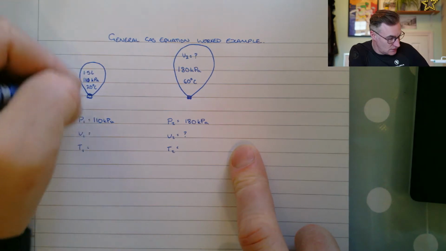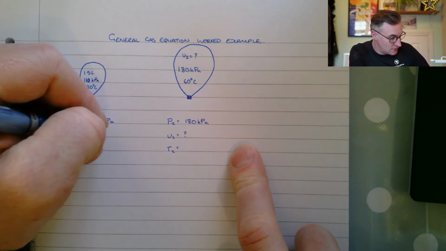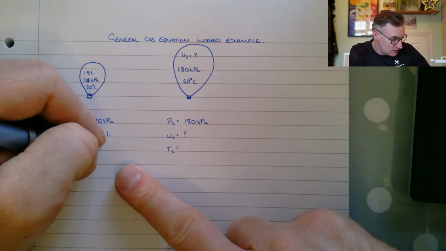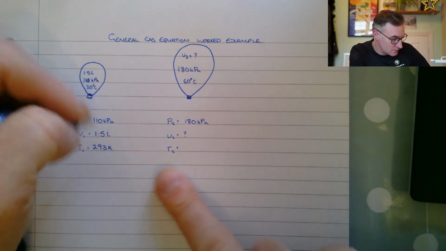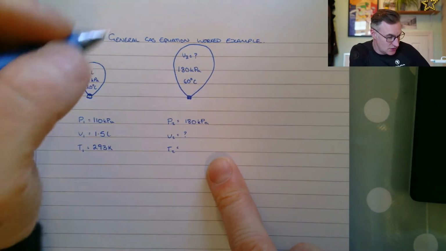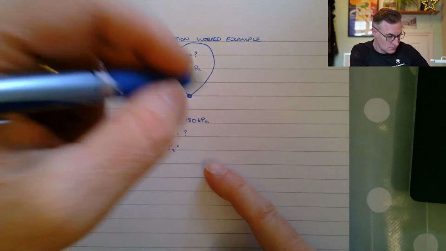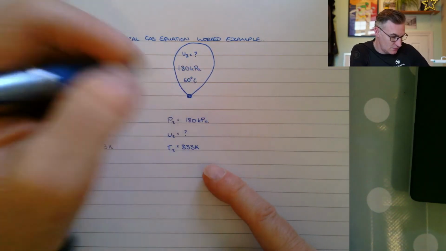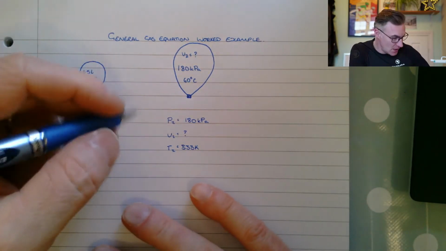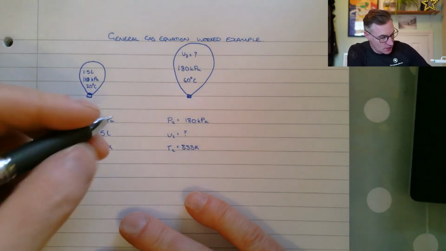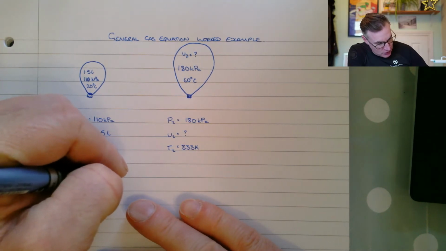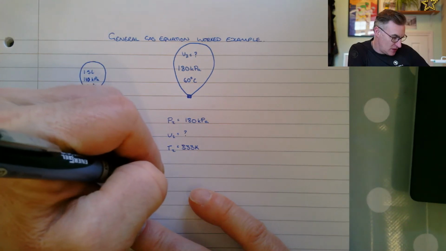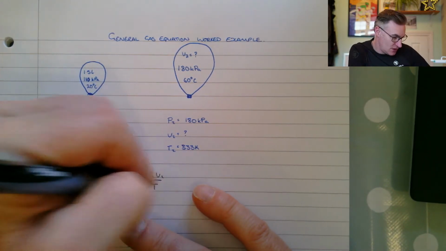We'll have volume 1.5 litres, temperature 20 degrees C, and so that's going to be 293 Kelvin, and then 60 degrees C, 333 Kelvin, and our formula. So the formula: P1 V1 over T1 is equal to P2 V2 over T2.